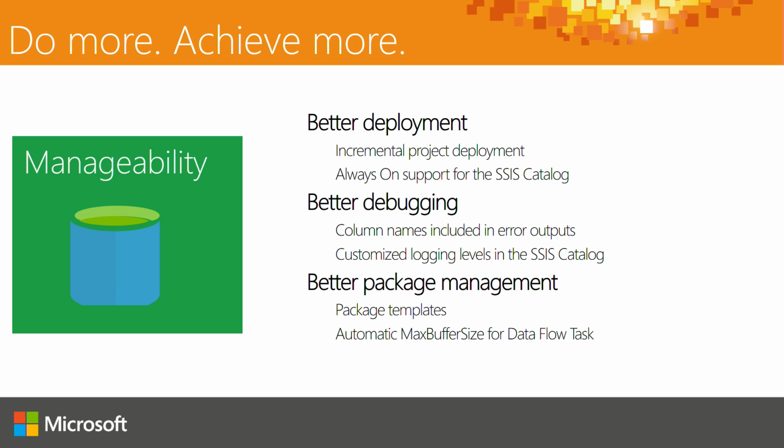Whoever is using SSIS 2012, if you use the project model, you may encounter one of the caveats: when you change a package within a project, no matter whether you only change one package or two, you have to always redeploy the whole project. But now, with 2016, you have this incremental deployment model. You can hand-pick which package you want to select and deploy. Okay, so you no longer need to deploy the whole project.